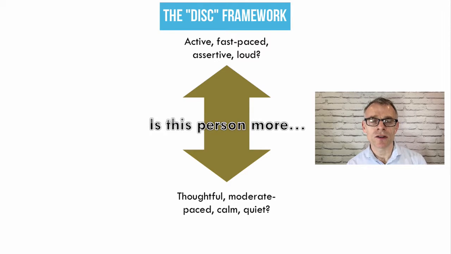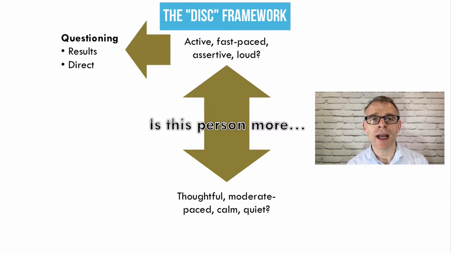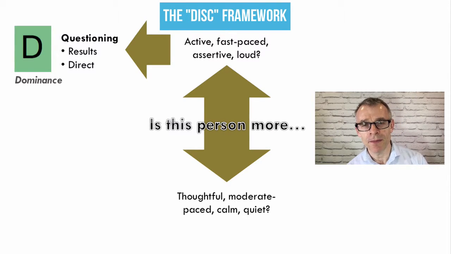So the first of those types are our outgoing and questioning people, and they're what's known as D, or dominance people. So in DISC language, DISC is based on the acronym for the four different types. So D is dominance. Those people are very bold, they're quite assertive, they're quite demanding, they're very results orientated.